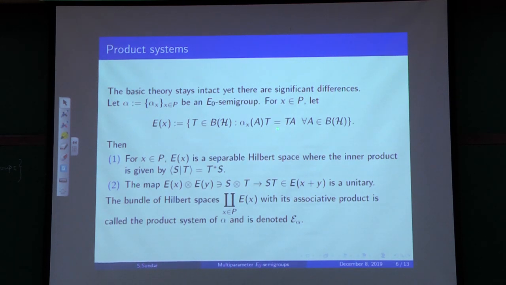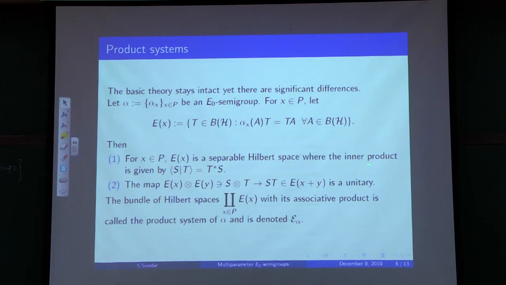You look at all those operators which intertwine the representation alpha x and the identity representation. That is the space of intertwiners for alpha x, and it's a separable Hilbert space.